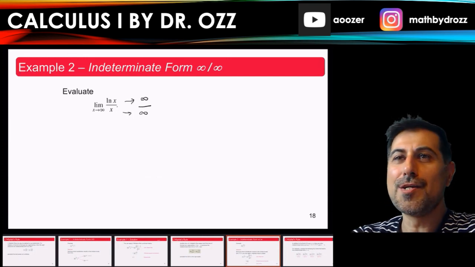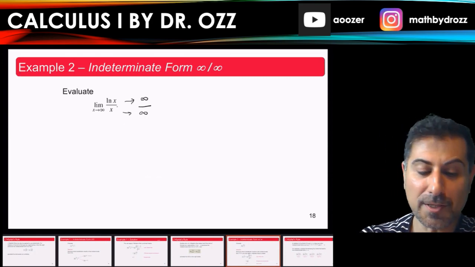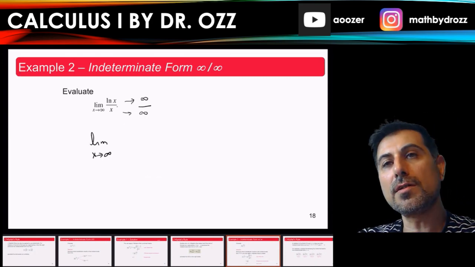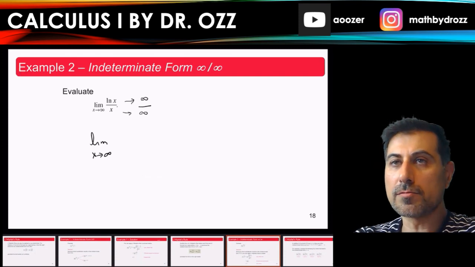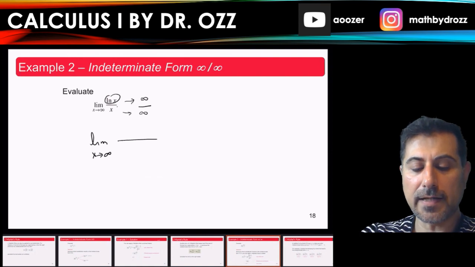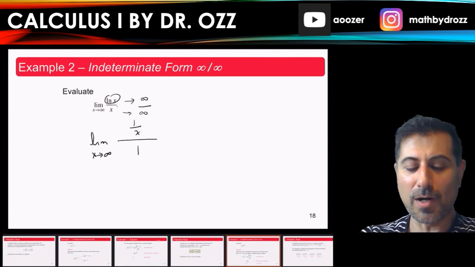No algebra, no graphing, no table of sample values. All we're going to do here is pass the limits, but this time we take the derivative of the top and the derivative of the bottom separately. So ln x has the derivative 1 over x, and x has the derivative 1. If you look at this division, this is essentially 1 over x.